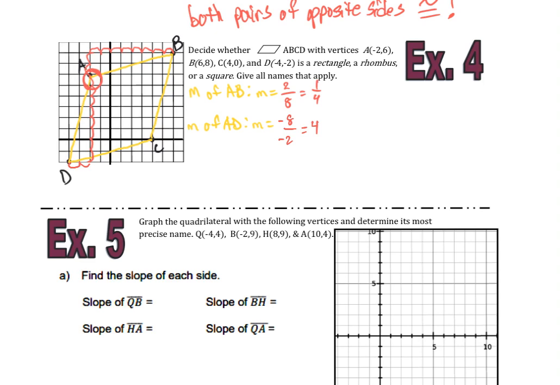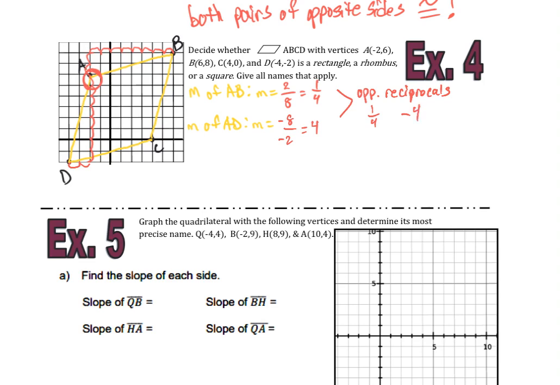And if you remember negative reciprocals, opposite reciprocals, you have to find, for example, the opposite of positive 1/4 would be negative, and the reciprocal means you flip it. So 1/4 flipped would be 4.